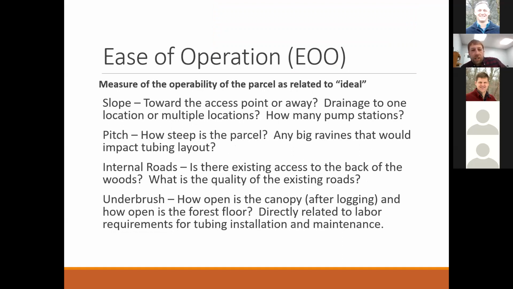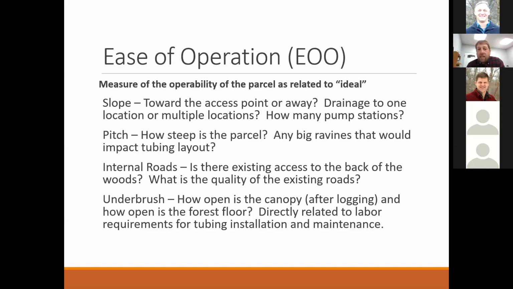Ease of operation encompasses a few different things, and it's a measure of operability of the parcel as related to a theoretical ideal sugar bush. So the ideal sugar bush would slope toward the access point, would all slope to one location, would not require any pump stations.